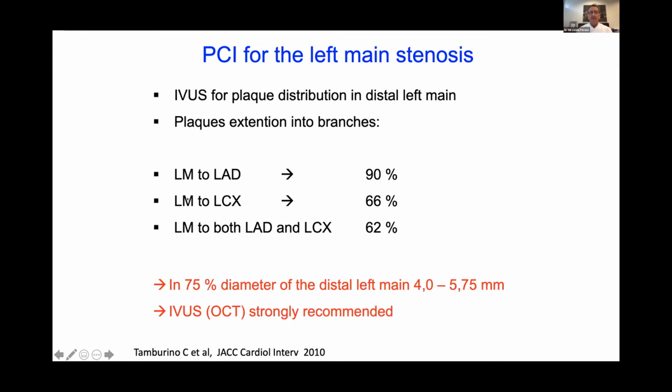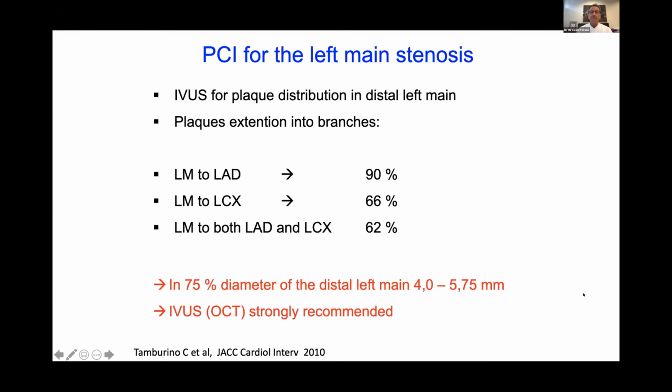Plaque distribution from left main to circumflex is in around 2/3 of cases. Another important point is that in more than 75% of cases we manage distal left main stenosis with a diameter between 4.0 and 5.75 mm, and imaging is strongly recommended.